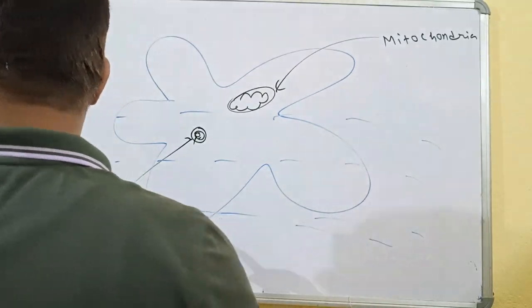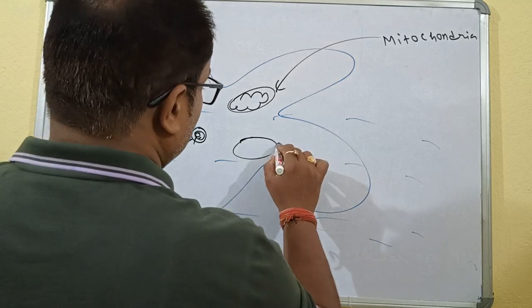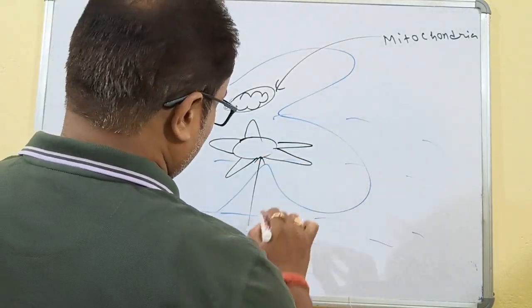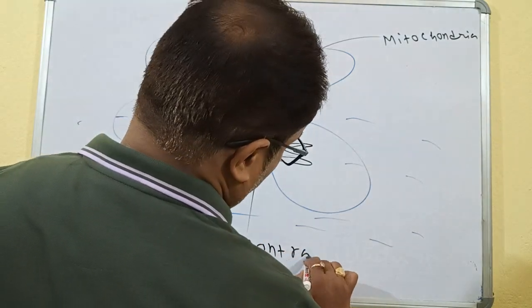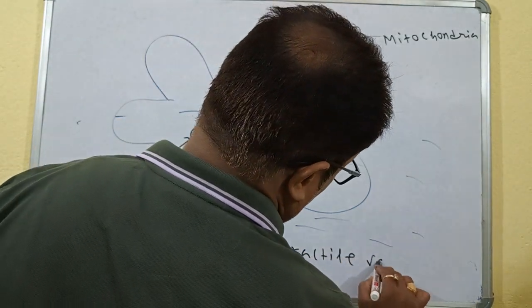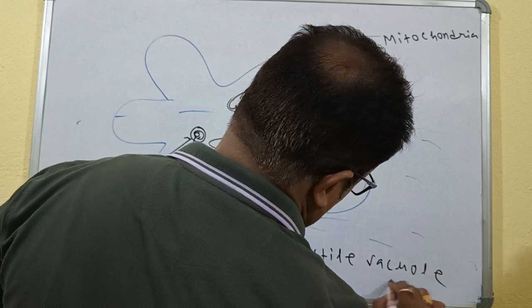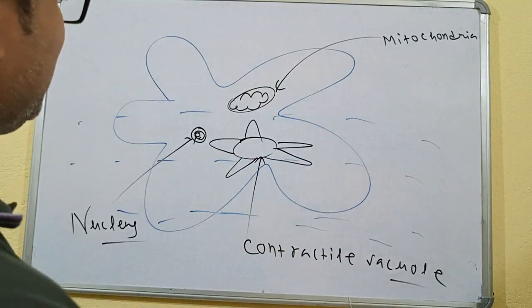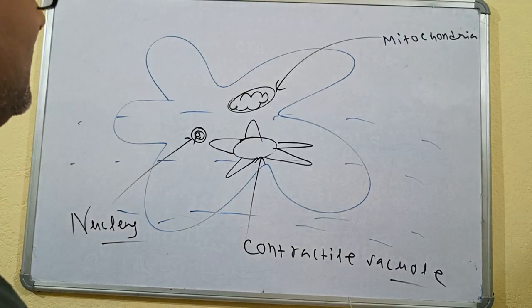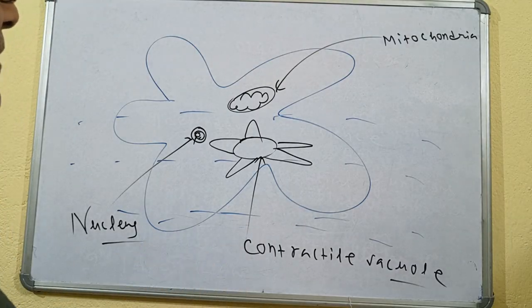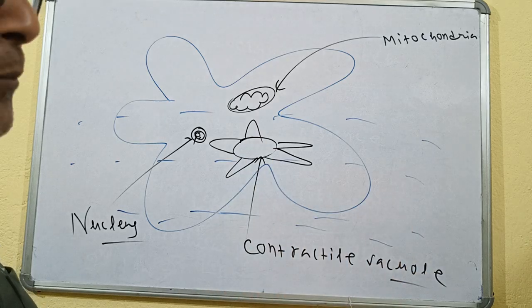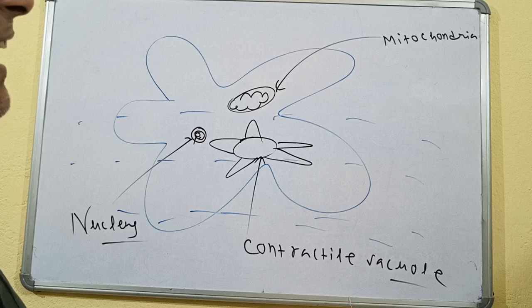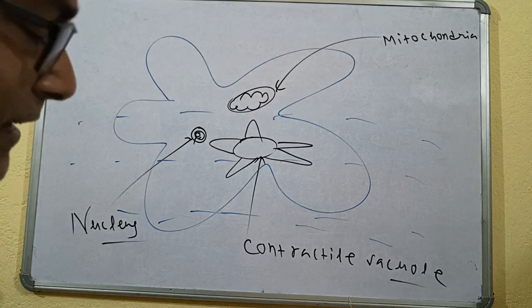Okay, now that is the contractile vacuole. You know that the nucleus is the controlling power of the cell. Mitochondria provide energy to the cell, and the contractile vacuole helps amoeba in osmoregulation.